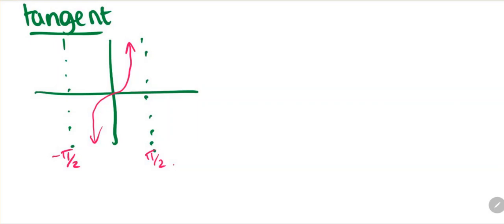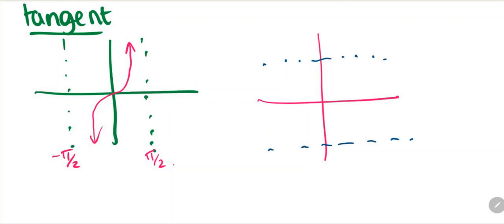So the inverse graph will actually look like this, so you have, this would be at 1 and -1, and the graph will look like this. So this is the inverse.